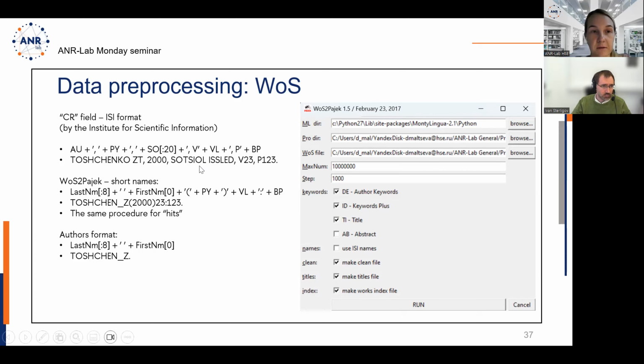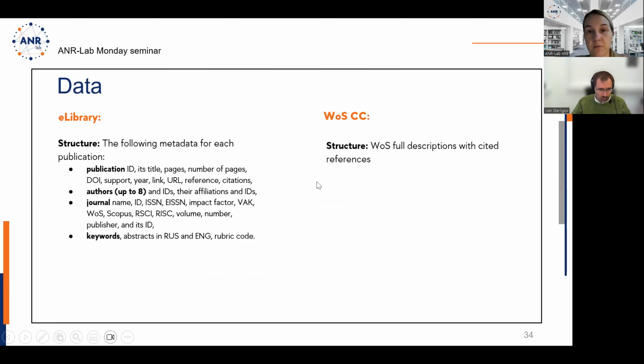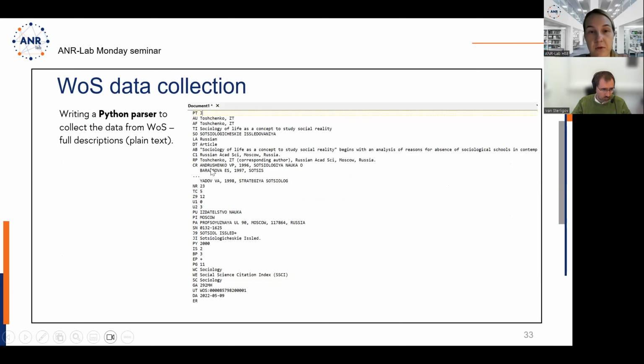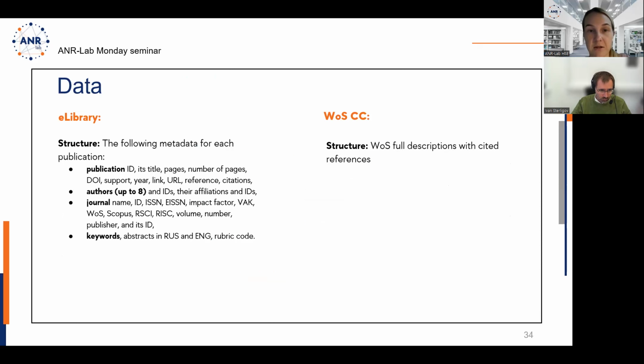And usually in this CR field, which I showed you a little bit below here, you can see the cited reference, the reference which was cited by the author. So it would be like Ядов В.А. 1998, Стратегия социологического исследования. So this would be the kind of full description of this cited literature.